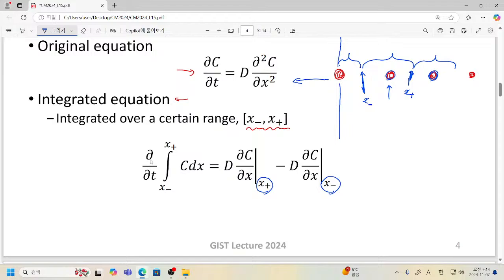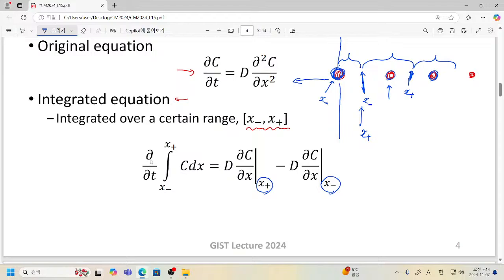Then please think about the x plus and x minus position for this node. In this case, of course, x plus will be placed here. However, your x minus this time is placed here, not in this case.